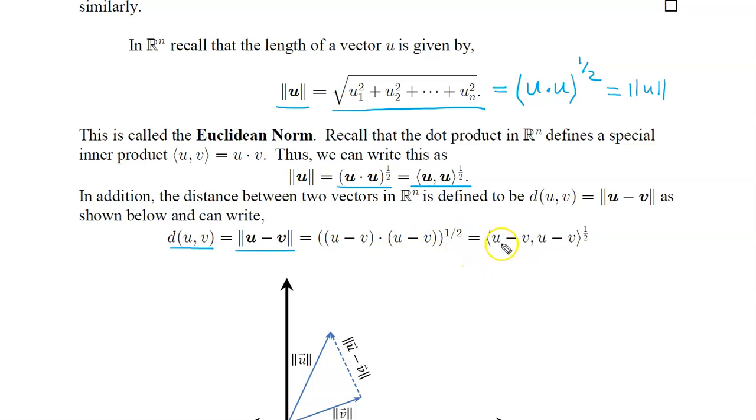Recalling that the dot product is an inner product, we can write it like this. And so this gives us an idea of how we should define the magnitude of the difference between two vectors in an inner product space. This is exactly how we're going to define it.